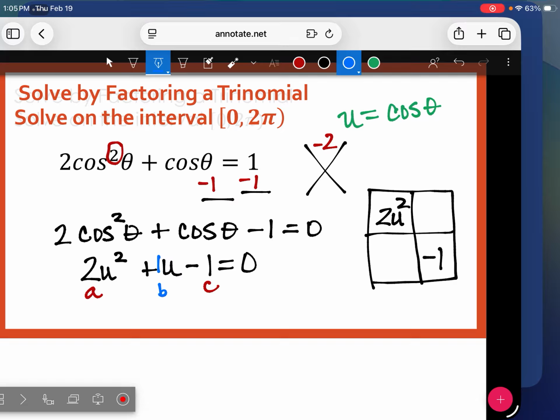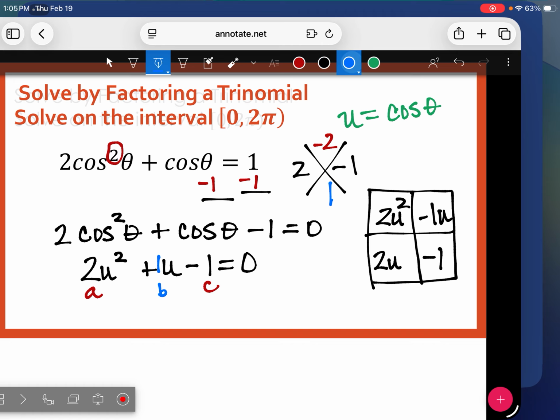B is 1, that goes on the bottom. So what are the numbers that you came up with that multiply to negative 2 but add to a 1? 2 and negative 1, who got that? 2 and negative 1, okay. So I got a positive 2u here, a negative 1u here.